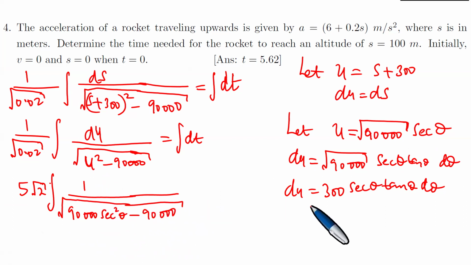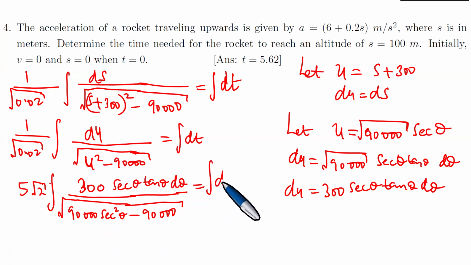Right, and du is equal to what? Is 300. du is 300 secant of theta, tangent of theta, d theta equals the integral of dt.